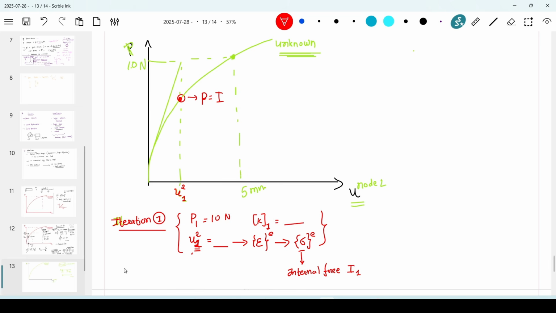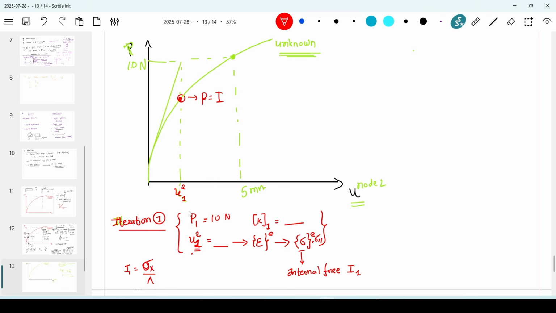For the 1D case, I1 is equal to sigma x, where sigma e is sigma 11 or sigma x, times area. So I can find the internal forces in that bar finite element.